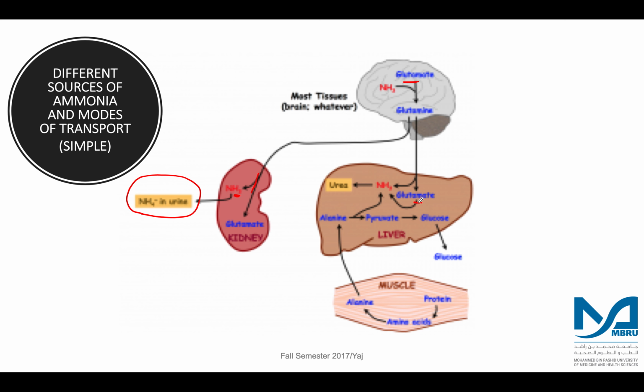The glutamate that you have transported here is converted partly or mostly to ammonia and partly to aspartate, and from the muscle the alanine that is bringing the ammonia is converted to ammonia and to pyruvate.